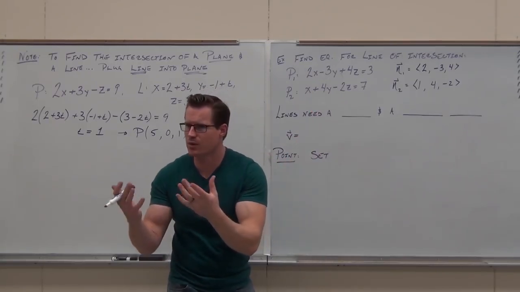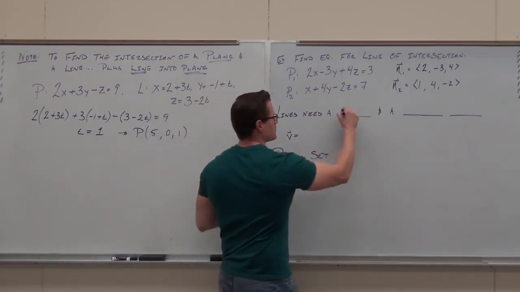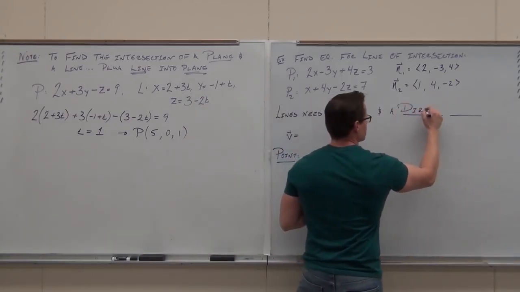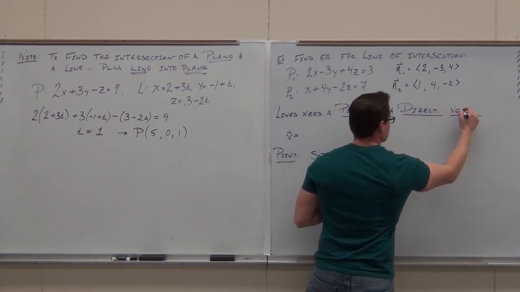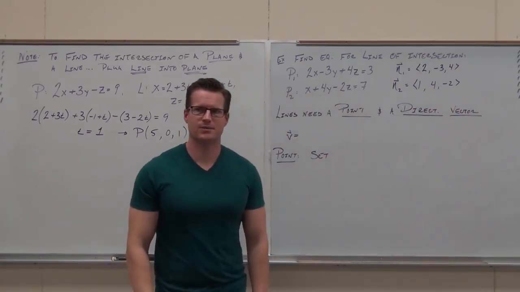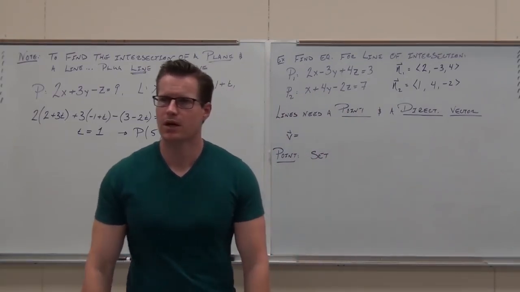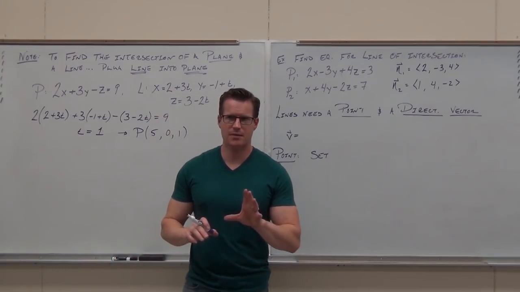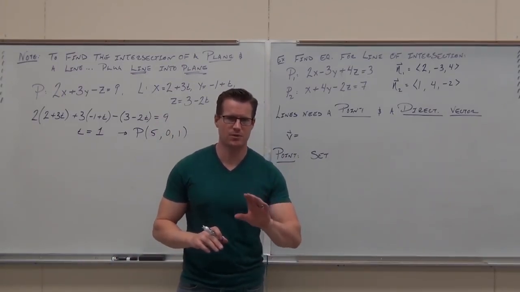Now, what do lines of intersection need? There's two things lines always need. What do they need? A point and a vector. We'll talk about the point last because you're probably going to think it's more difficult. The vector is actually very, very easy. You just need to see it one time, and then you'll get it. Check it out. I'm going to draw you a picture.